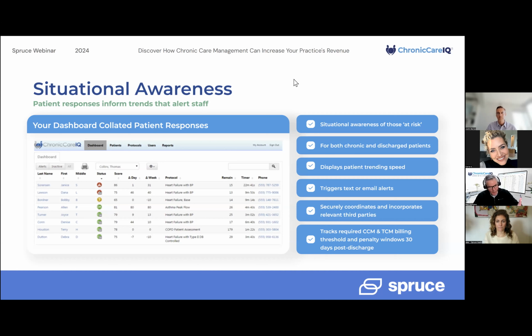Then you take those responses and collate them on a color-coded dashboard, and it will work out, hey, out of your 200, 150, 400, in some cases 12,000 patients that are enrolled, here are the ones that probably need some attention. The systems aren't providing care. The systems are dialing your team into the ones that probably need some attention.